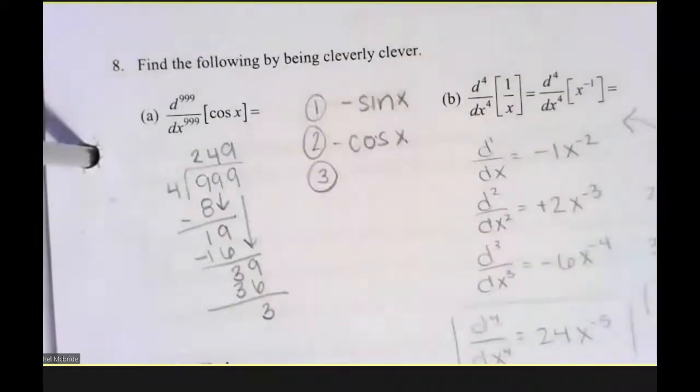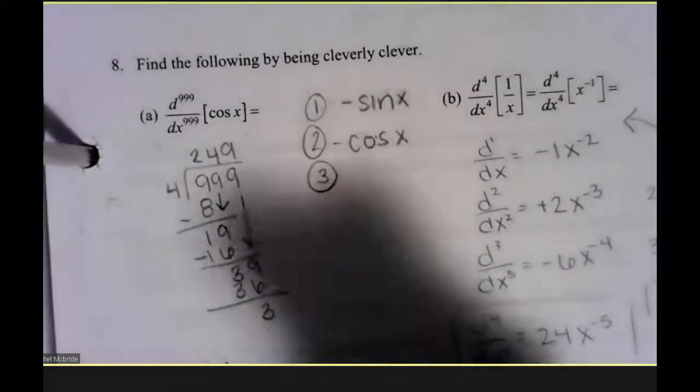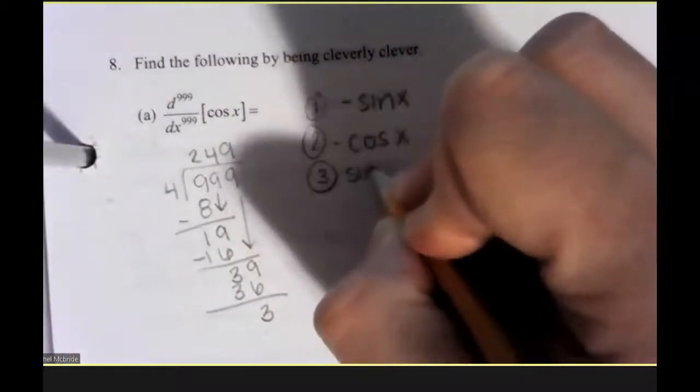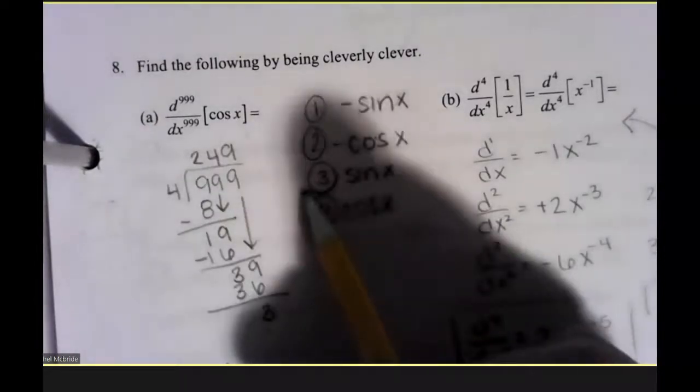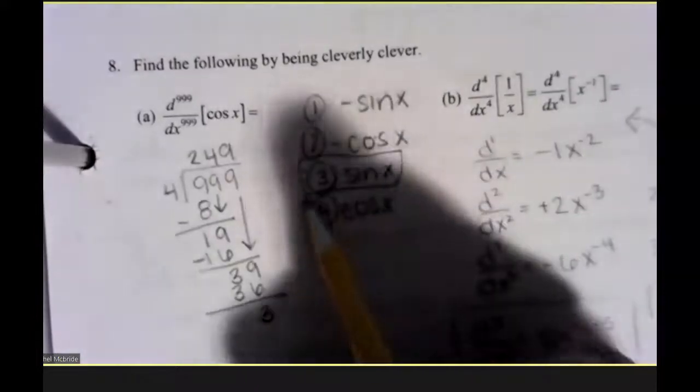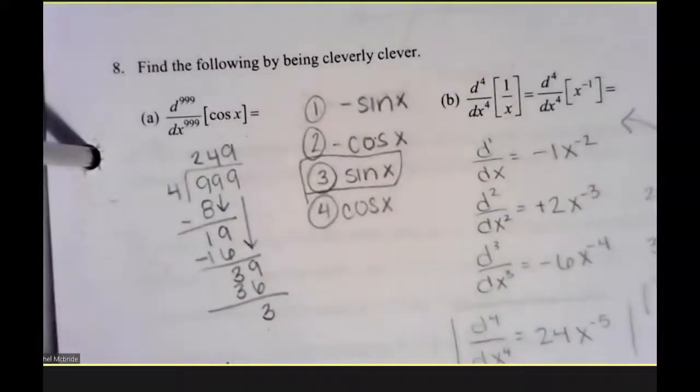Cycle 3 is the derivative of negative cosine x, which would be negative negative sine x, or sine x. And cycle 4 should always get you back to your original, just like the powers of i. i to the fourth was always 1. So the third cycle is sine x.